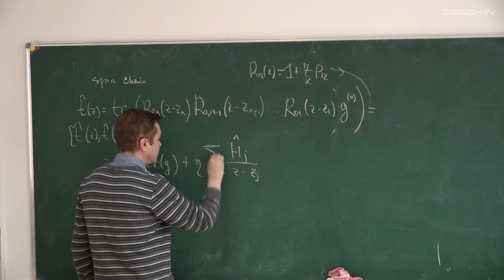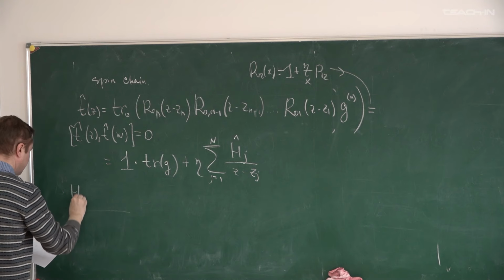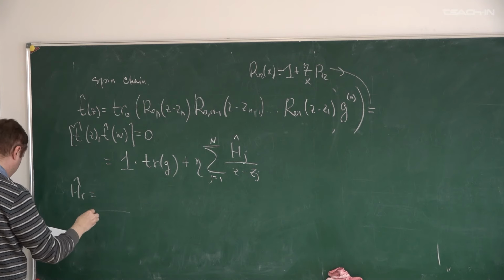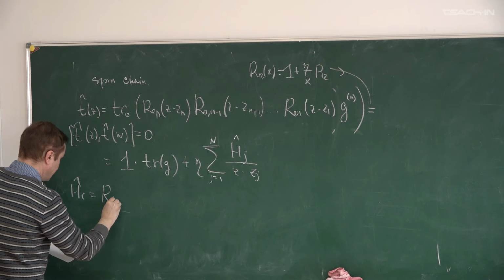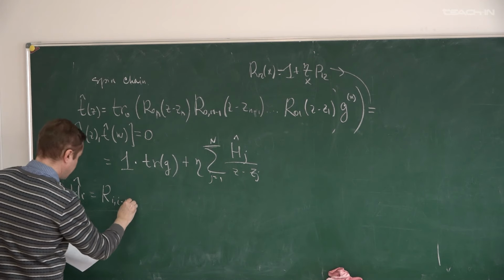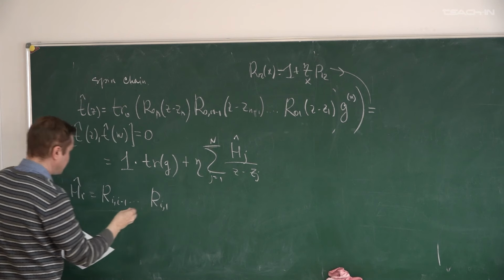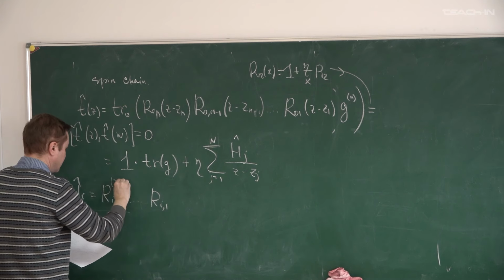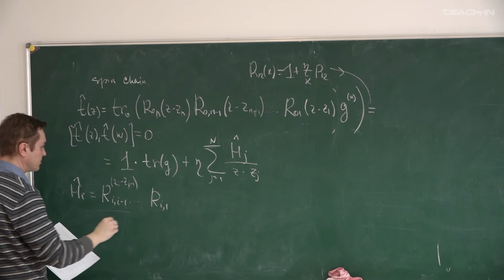And we did it previously, and I just write you the answer. The answer was as follows. It was R_i, yes, like this. And each R matrix here depends, in fact, on the difference of corresponding spectral parameters.